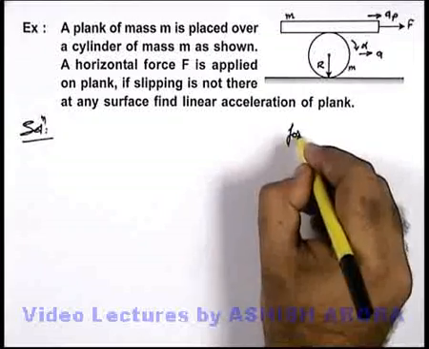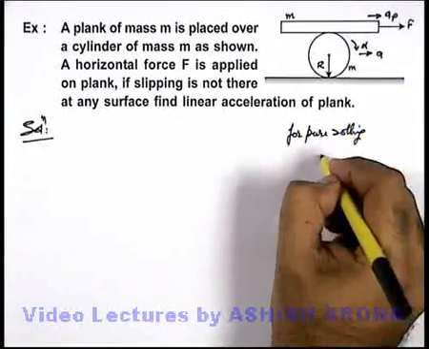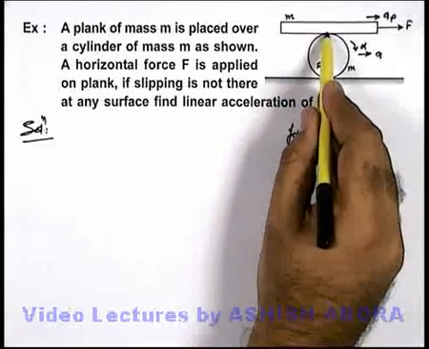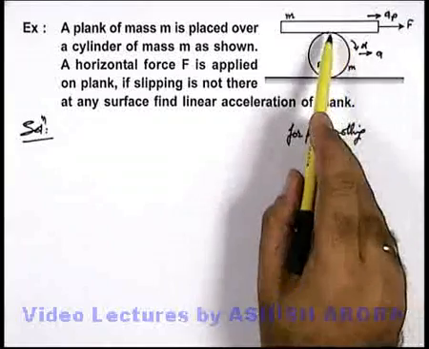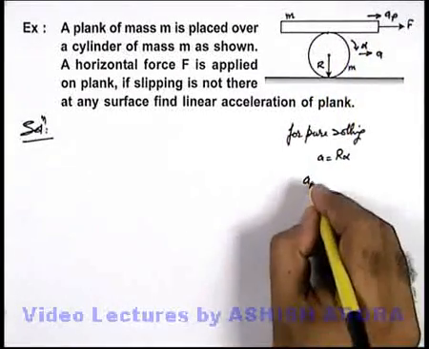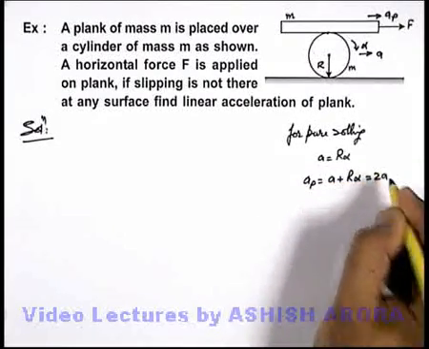We can write for pure rolling, a is equal to r alpha, and as the topmost point of contact will also not slip, the acceleration of the plank can be written as a plus r alpha, that is actually 2a.